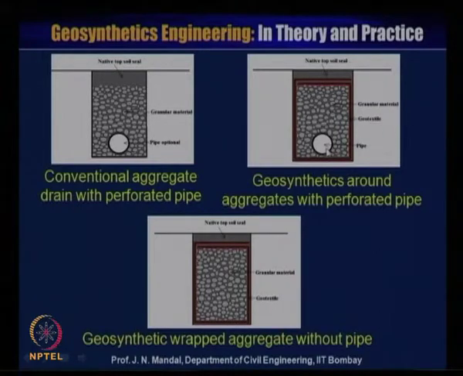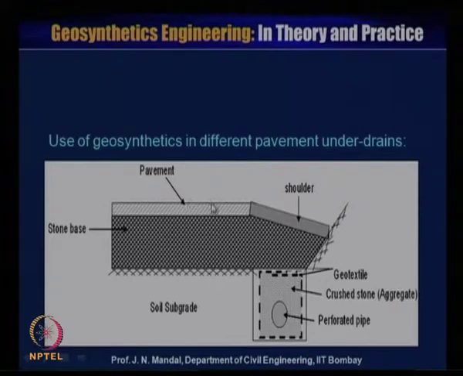The pipe is optional. When you provide the geosynthetic material, the soil will not clog, because this geosynthetic material acts as a separator, and at the same time it acts as a good drainage and filtration material. Now, some uses of geosynthetics in pavement under drain.